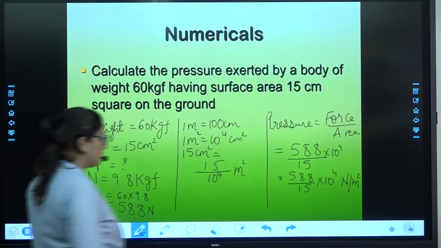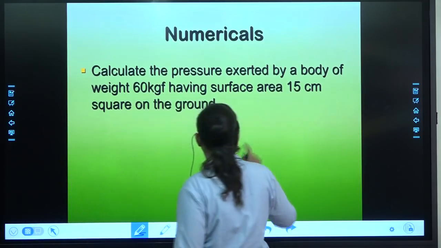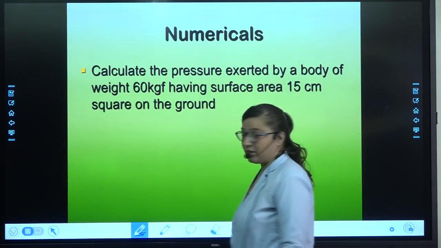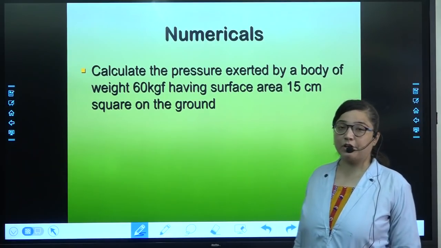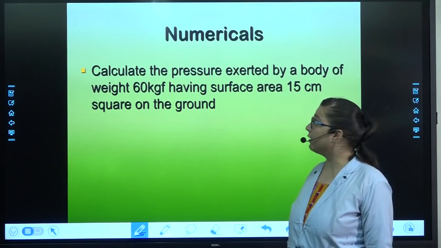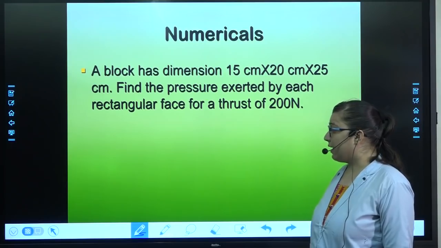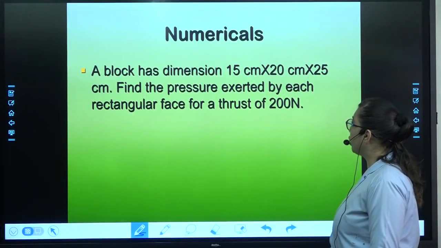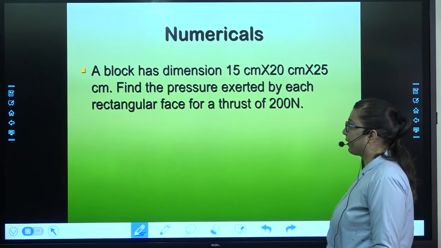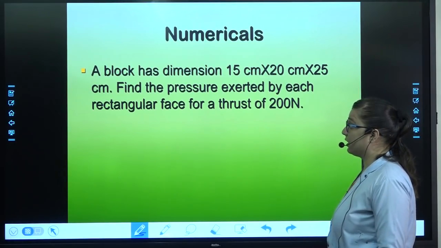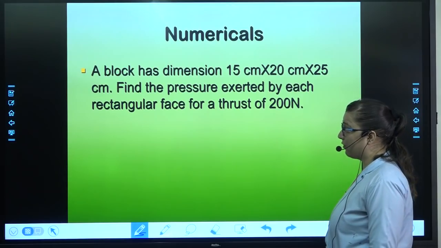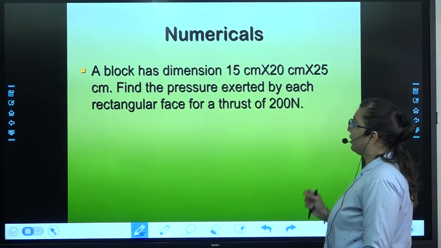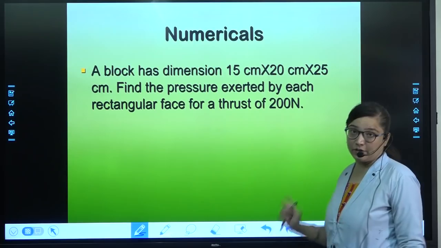So I hope this content is clear. Now let's move on to the next numerical. Here it is. There is one block which has the dimensions of 15 cross 20 cross 25. Find the pressure exerted by each of the rectangular faces for a thrust of 200 Newton.